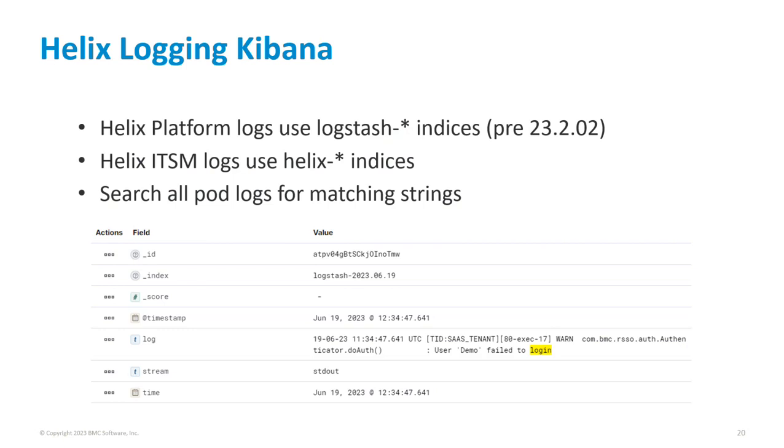The logs that are sent into the Elasticsearch system and are accessible via Kibana, the Helix Platform logs before 23202, are stored in a set of indices that are called logstash. The Helix ITSM logs sent in by the Fluent-bit sidecar are in Helix indices, so you can toggle between the two.